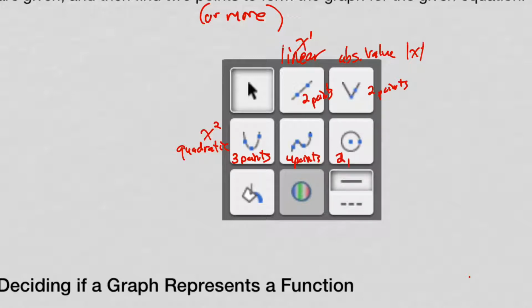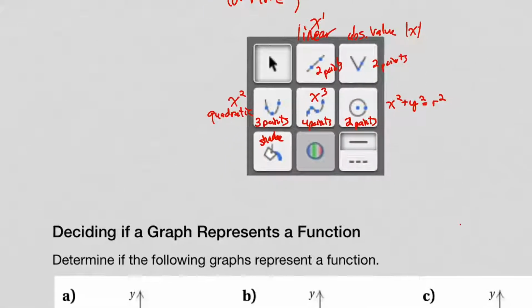This is 2 points, so on and so forth. This is actually x to the third, and this is a circle, which is actually x squared plus y squared equals r squared. So this is shading for inequalities that you're not going to be using anyway, so you'll just be using a few of these buttons here.